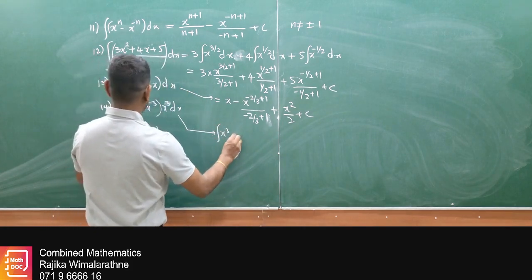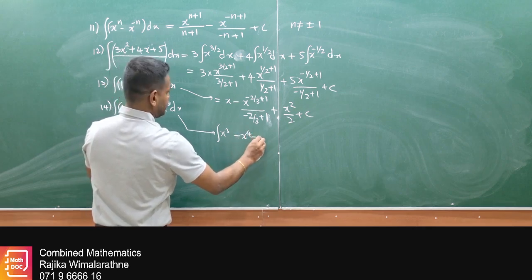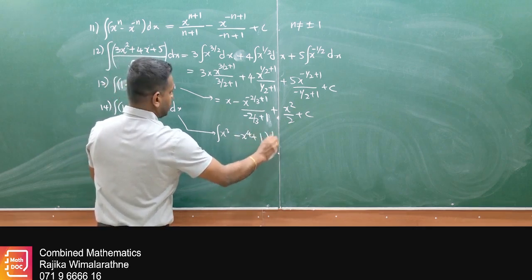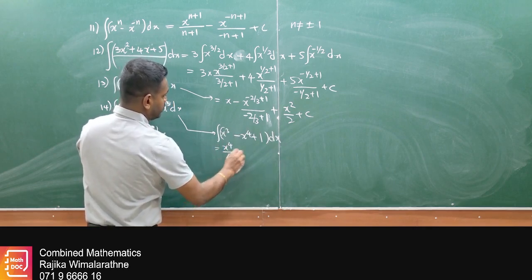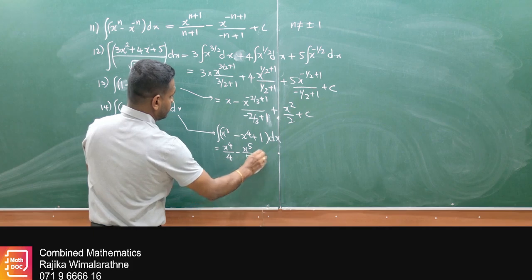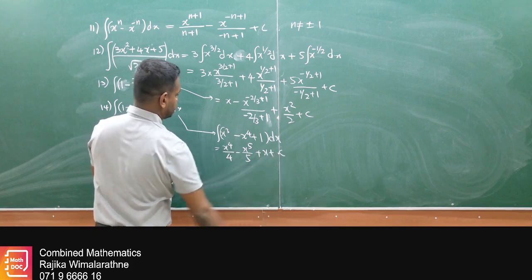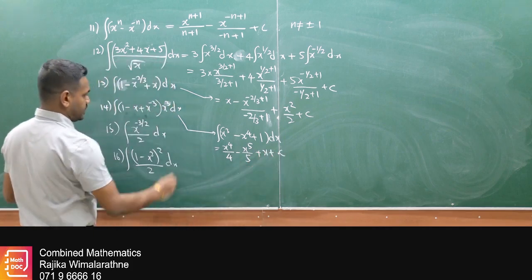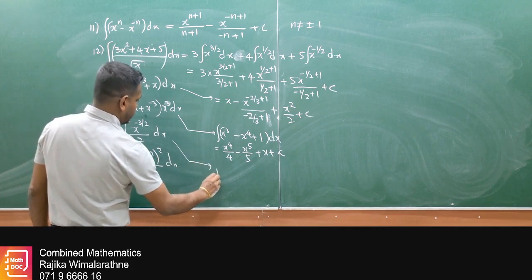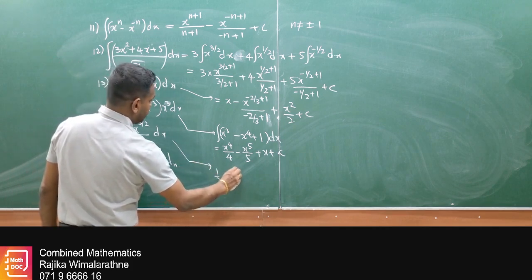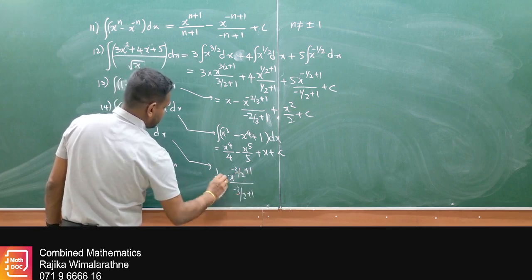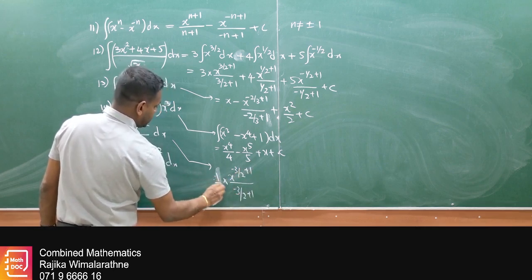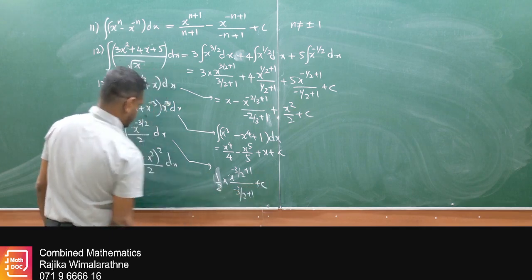X cubed, x to the power 4 dx. X to the power 4 over 4, x to the power 5 over 5, x plus c. 1 over 2 take outside, x to the power minus 3 over 2 plus 1 over minus 3 over 2 plus 1, plus c.